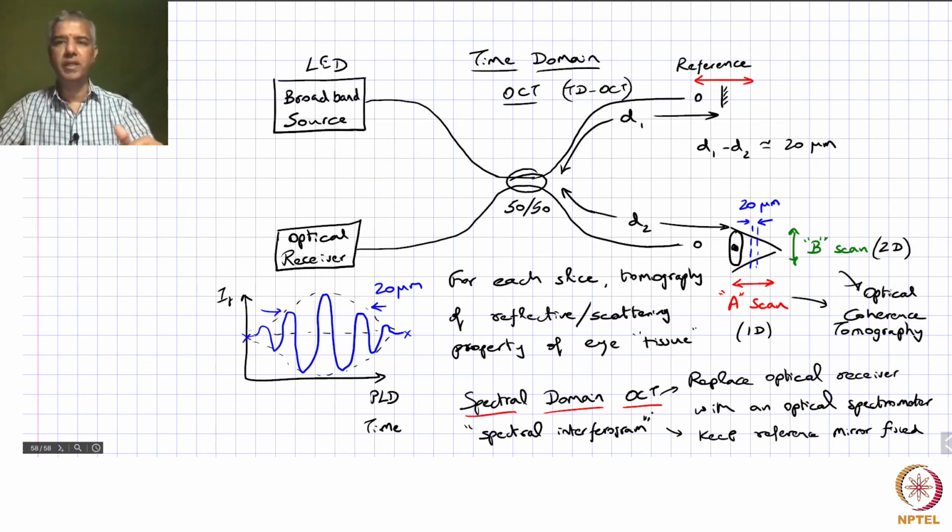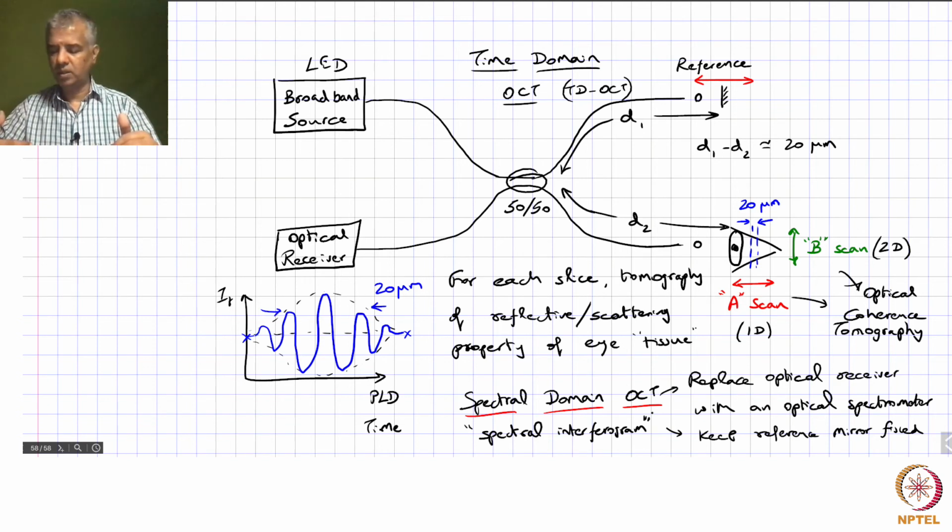But in doing that, you are saving a lot of time, because when you do the A scan and B scan, both of them take a lot of time, which means the speed at which you are getting this image done is not very high.